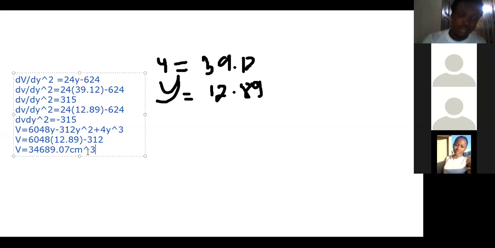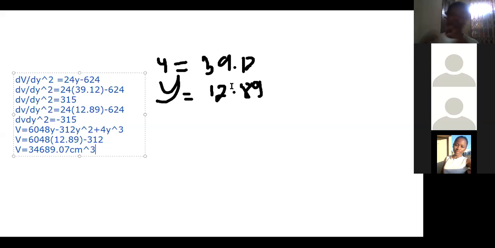This is the maximum volume we are talking about, because the y value gave us negative 315, which is less than 0. So we use this y instead of the other, because that one gives a minimum value. If the question said a minimum volume, we would have used that one. Because the question asks for a maximum, we use this one. I hope you are cool with it.